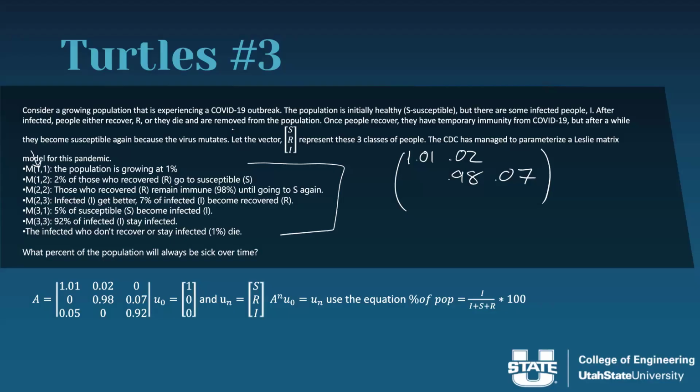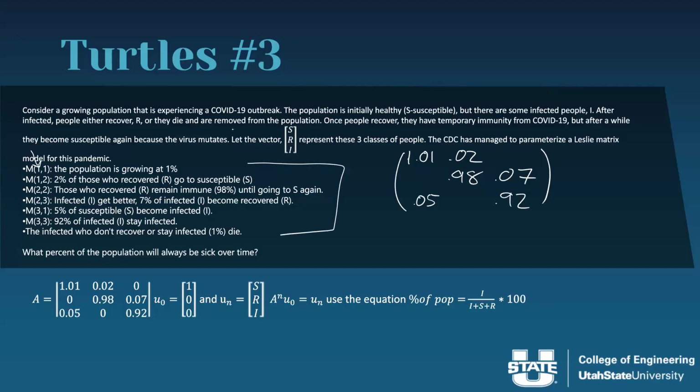So I'm going to go down here with my 0.05, because if I do my multiplication of S, R, I, then I get 0.05 times S added onto my I, which is what I want. And then 92% of my infected stay infected. That's going to be my bottom one right here, and stay where they are.